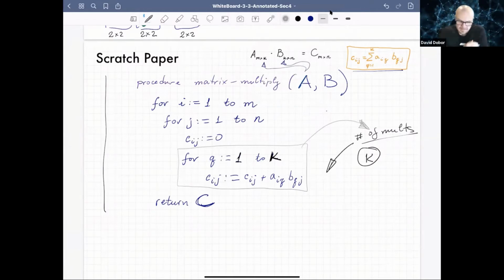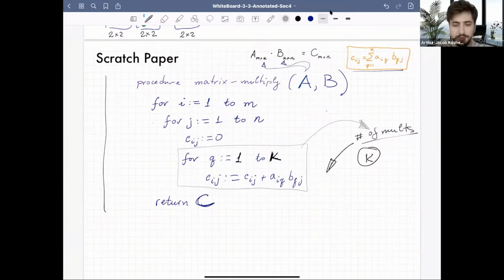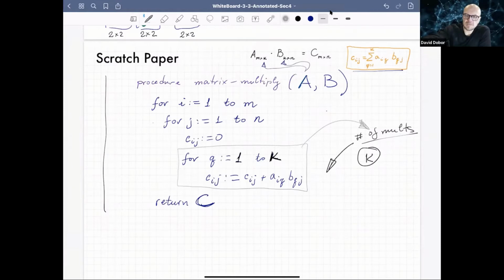Okay, I have that many multiplies. So how many times am I doing that many multiplications is the question. Would it be m times n times? Yeah, m times n. Every time I fixed, j ranges from 1 to n, and then I itself ranges from 1 to m.